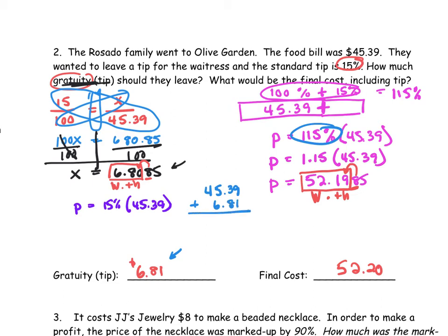So this is how much the bill was, and this is my tax, and I'm working strictly with money. So I would have carry the 1 there, 1 there, and sure enough, we have exactly the same answer. So you can do that.